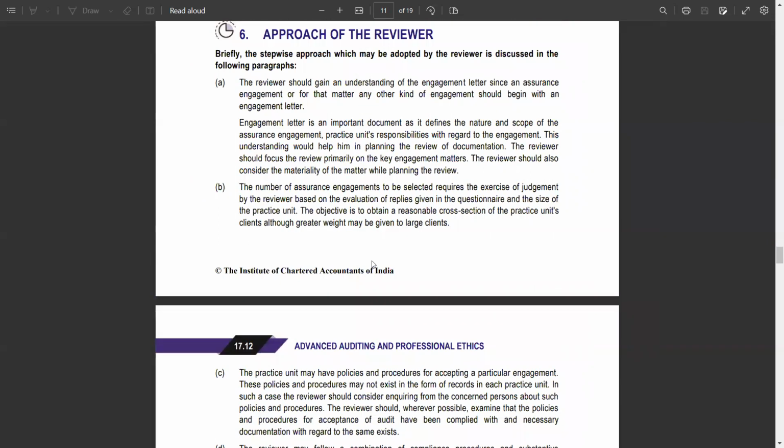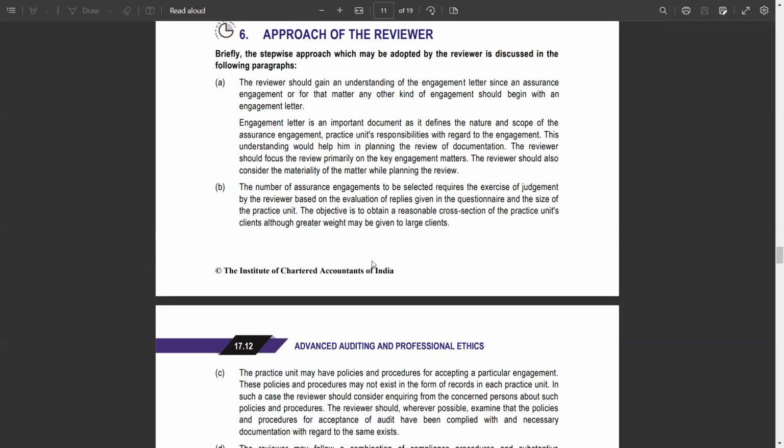Suppose you are going to review the assurance engagement of a person, say the audit, how that practicing unit has conducted the audit. What is the first thing you're going to check? You will check the engagement letter. You have to gain an understanding of the engagement letter and determine what the scope and nature of the assurance engagement was at that point of time.